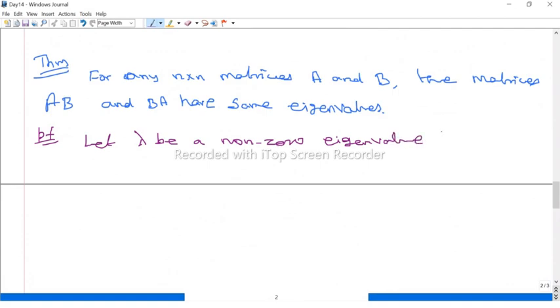If you take one arbitrary eigenvalue of the matrix AB, then we have to prove that lambda is also an eigenvalue of BA. By the definition of lambda being an eigenvalue, there is some non-zero vector V such that AB times V equals lambda times V. That is the definition.